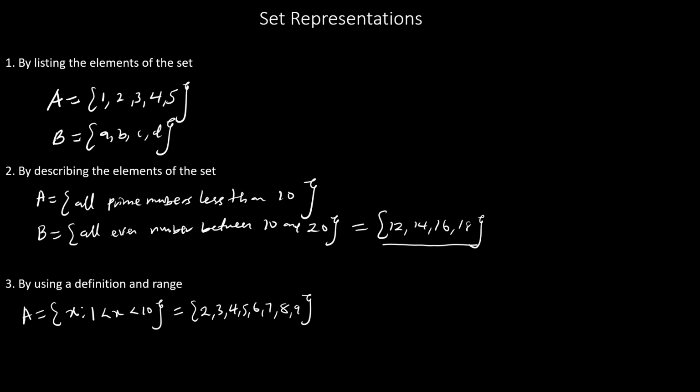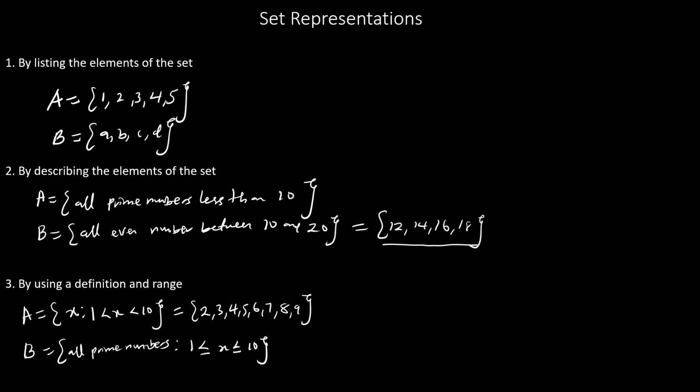So we can also define another set B to be equal to all prime numbers x such that 1 ≤ x ≤ 10. So this simply means we are defining all prime numbers that fall between 1 and 10, including 1 and 10. So we can list out the elements of this set.